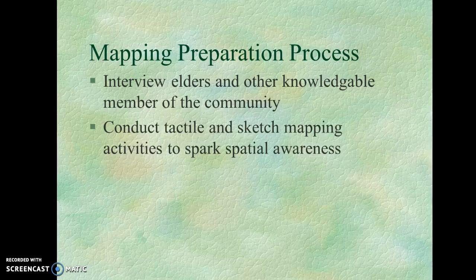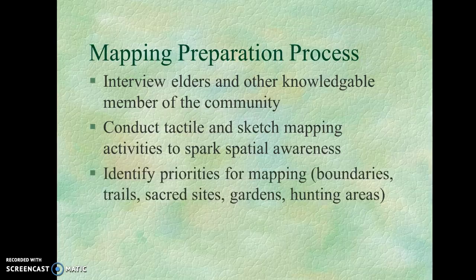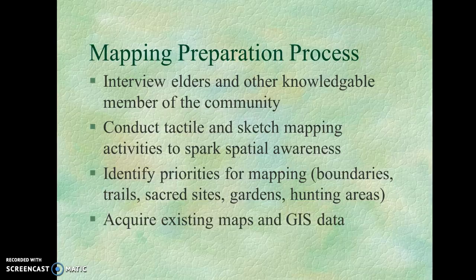We conduct tactile and sketch mapping activities to spark spatial awareness. I'll show you an example in a moment. Identify priorities for mapping, things like boundaries, trails, sacred sites, gardens, hunting areas. And we'll acquire existing maps and GIS data where possible.